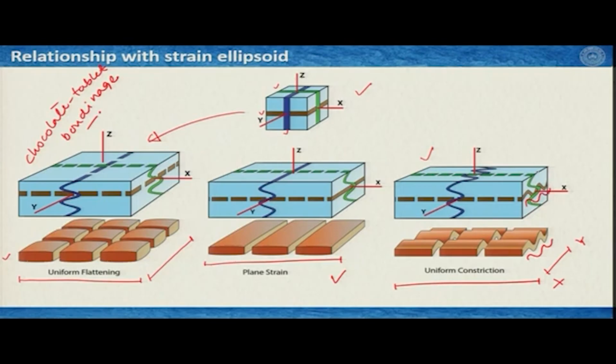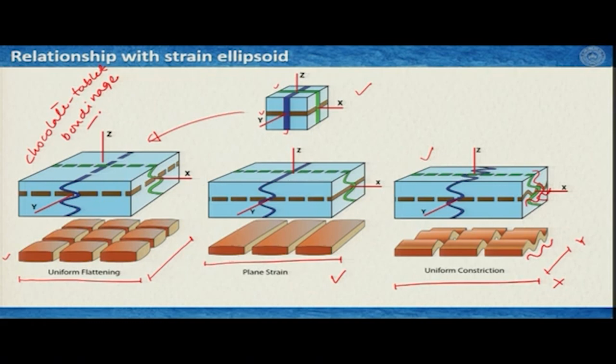Also, the green layers would produce a compressional structure if you view the section perpendicular to x, and the blue layers also produce them on both sections, because the layer is undergoing compression in all directions.